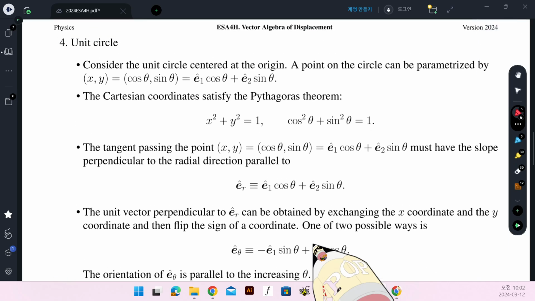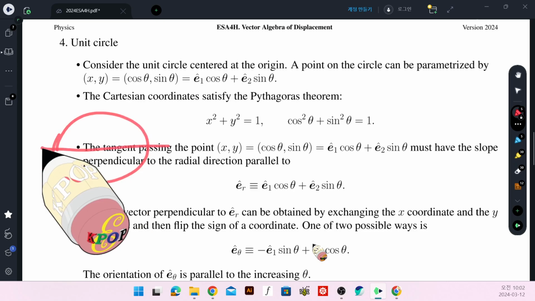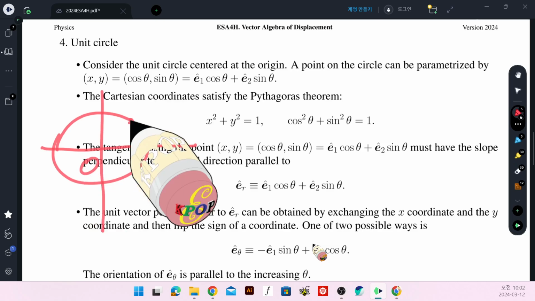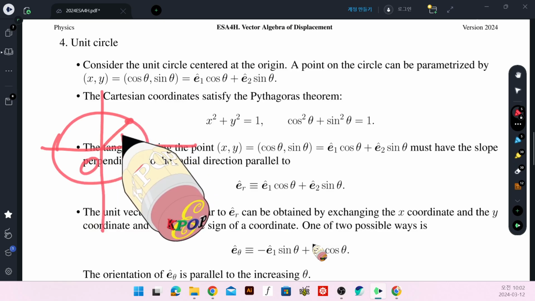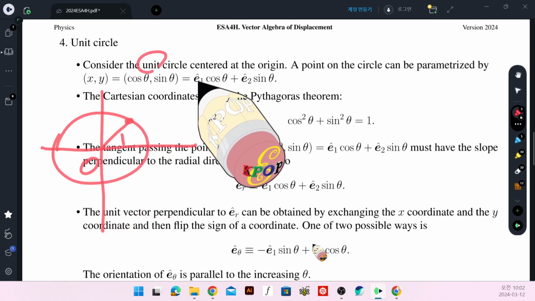Unit circle. On a plane, I can draw a unit circle centered at the origin. In that case, the radius is unity. That is the unit circle; the radius is one.